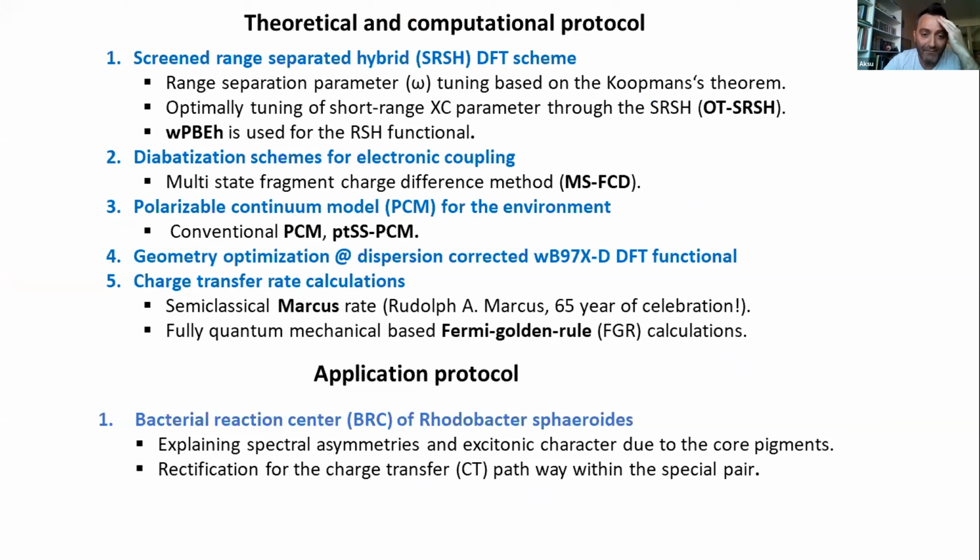And for the environment, which is very important, we have an approximation, the polarizable continuum model, which generates the point charges around the core molecule that you want to study, and geometry optimization at the dispersion-corrected omega-B97X-D functional, and finally we calculate the rates using semi-classical Marcus rates and the fully quantum mechanical Fermi golden rule.